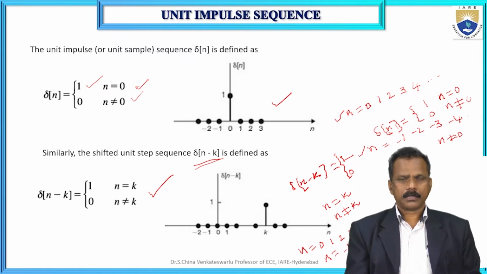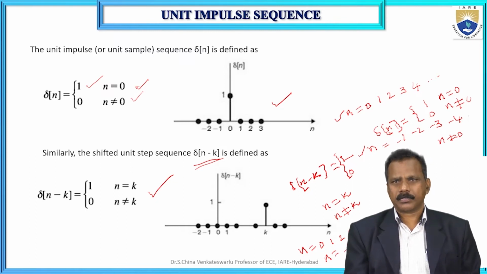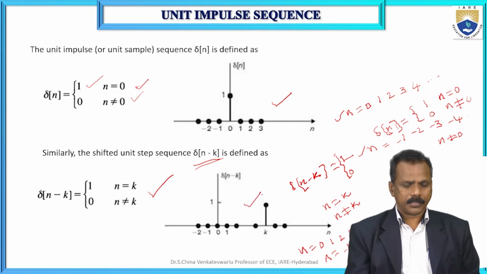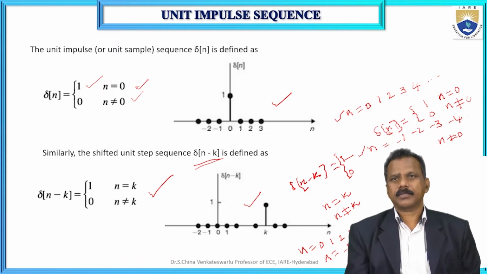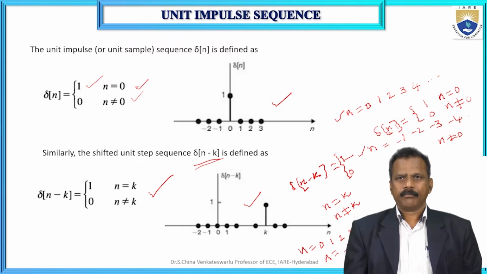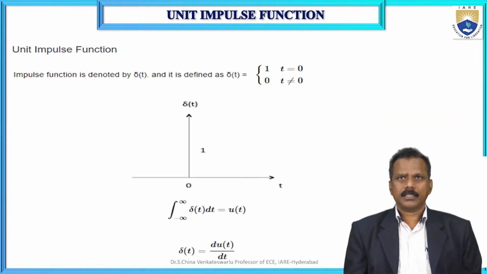Go on substituting all the elements of this particular sequence and verify it graphically. Based on this, the shifted unit impulse sequence delta of n minus k is defined mathematically as well as graphically.